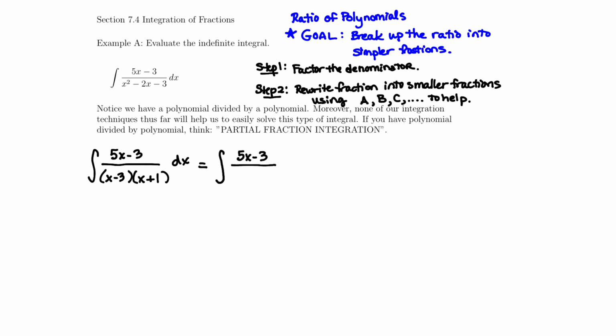So I'm going to break this big thing up into two smaller parts, one of which has a factor of x minus 3, and one of which has a factor of x plus 1 in the denominator. This comes from adding up two fractions that have x minus 3 and x plus 1 in the pieces.